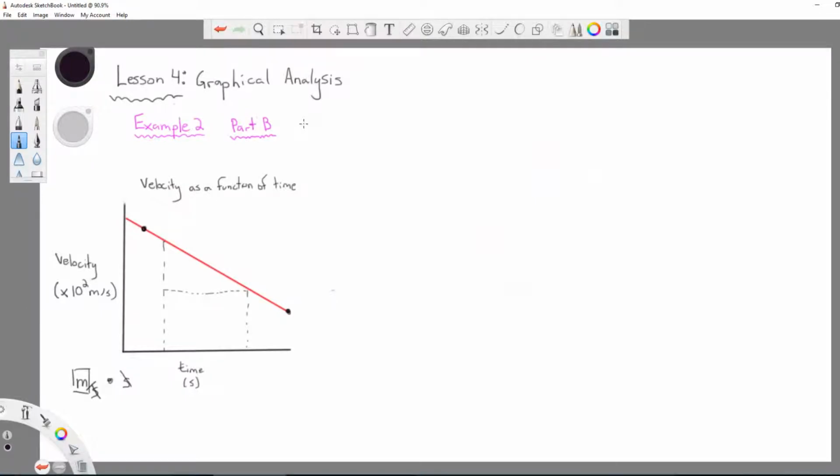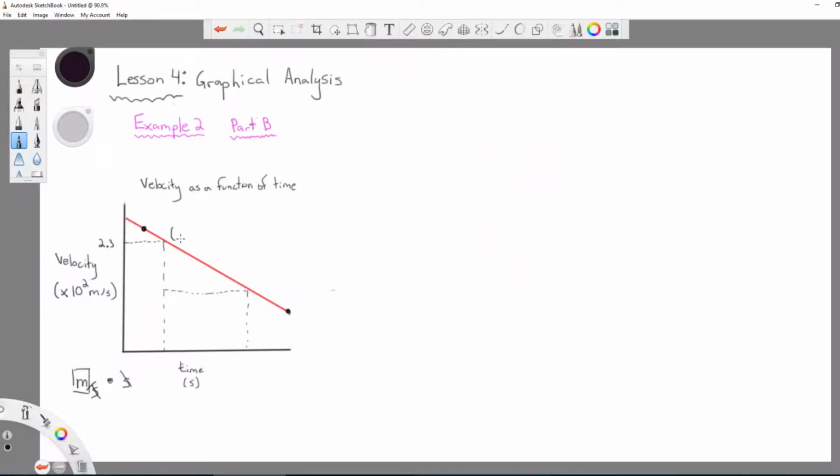Alright, so how do we go about that? Well, first we're going to need to identify the locations of a couple points. Those points I am going to label on my graph, and I'm going to say that this comes across at about 2.3. So this is going to be 2.3, and this is going to be, what will this be?